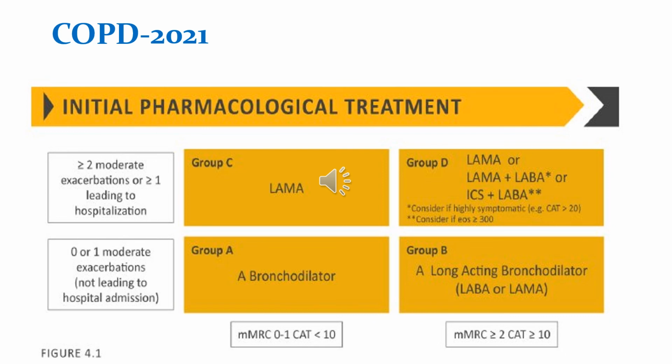So just remember, ICS is for exacerbation and LABA is for symptoms control.